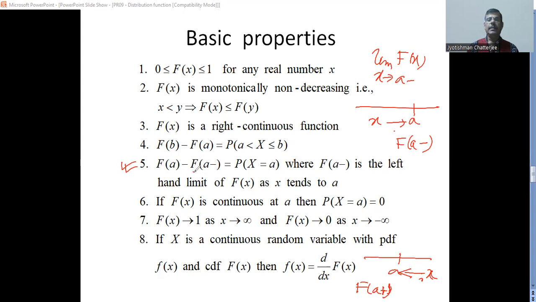So here, F of A minus means the left-hand limit of capital F at the point A. Let me repeat once again.